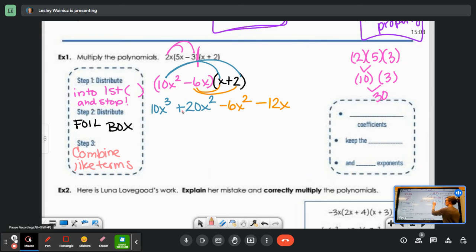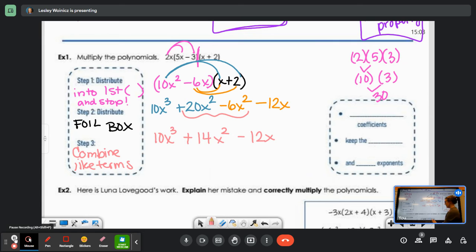Okay, so our like terms are these two in the middle. So we want our answer in standard form. 10x cubed, 20x squared minus 6x squared gives us 14x squared. Good. And then minus the 12x. That's it.